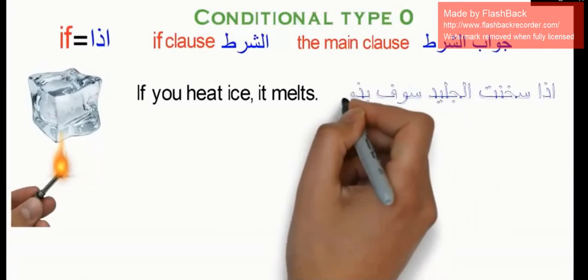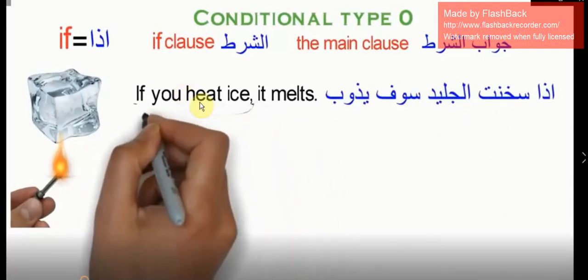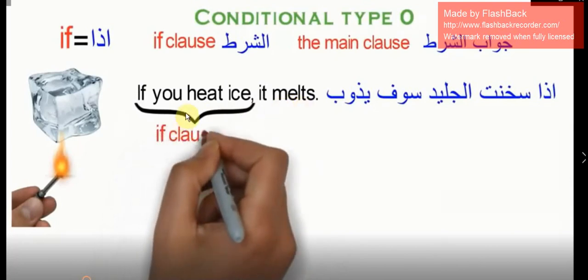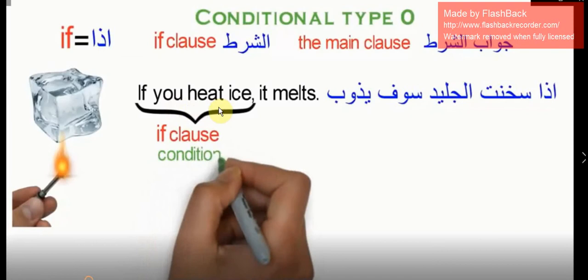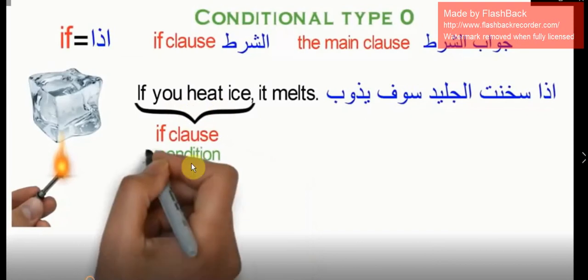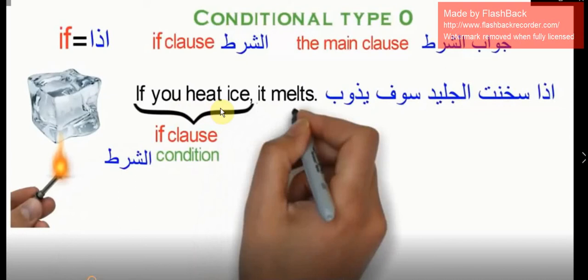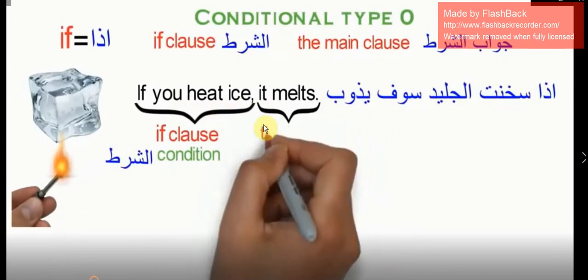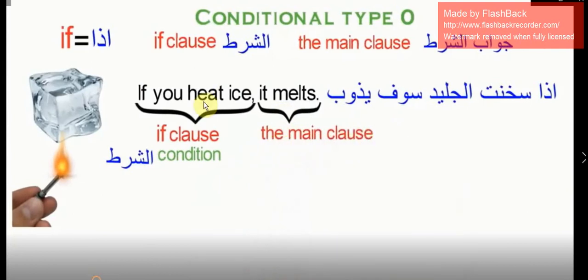If you heat ice it melts. Look at the verb heat, melts. The first one, the if clause, if you heat ice, it's condition. هو ده الشرط اللي احنا بنتكلم عنه. If you heat ice, إذا سخنت الجليد أو الثلج, what will happen? It melts, the main clause. فعل الشرط.